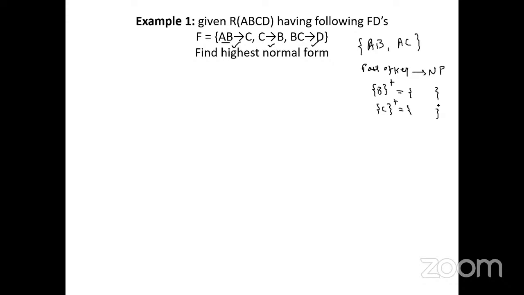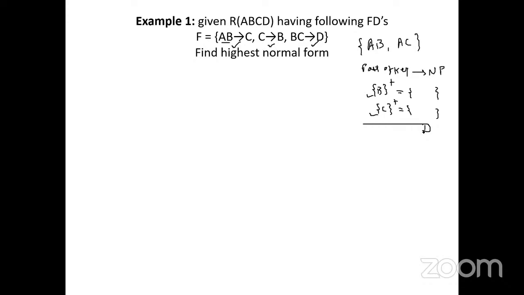Why I want to check is because I know that B is part of the key and C is part of the key. So I want to check whether D can be derived from just part of the key or not. And for that, we can apply those rules of Armstrong's axioms, which you already studied.